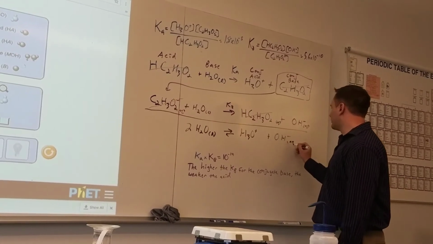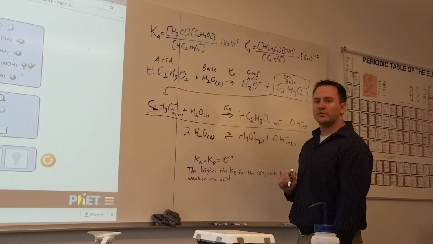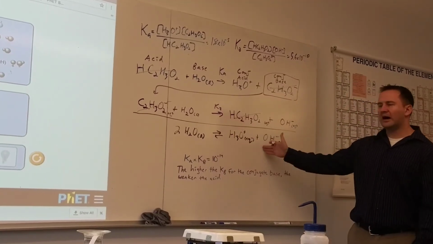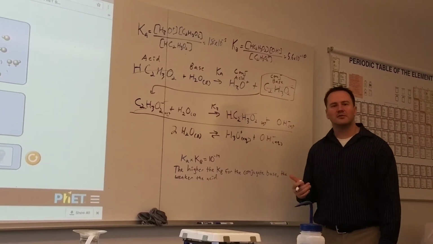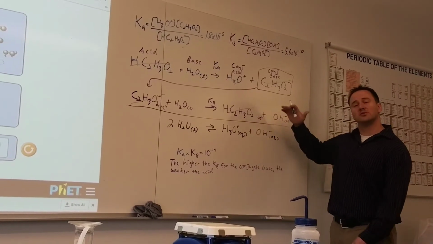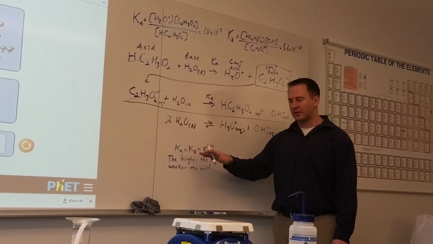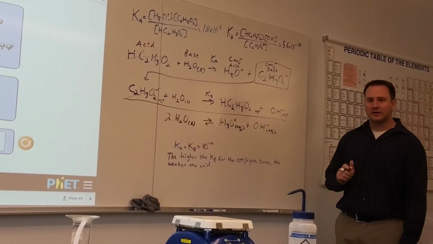Keep in mind, those two would be considered aqueous, and this is in the liquid state, so we don't include that. What do you have here? Well, you have the same thing that gives you your Kw for water. So it's going to be 10 to the negative 14. So when you combine the reactions, and you combine their Ka and Kb values for a given substance, you're going to get 10 to the negative 14.